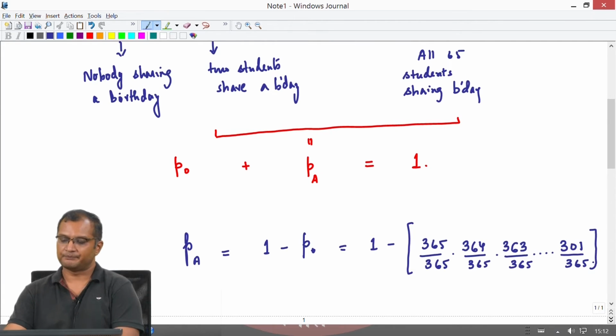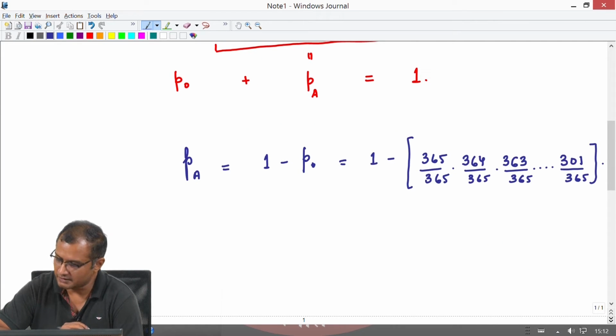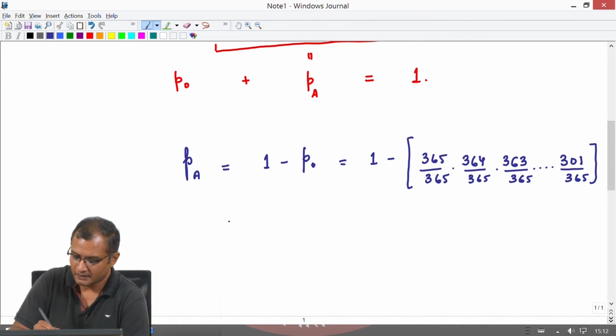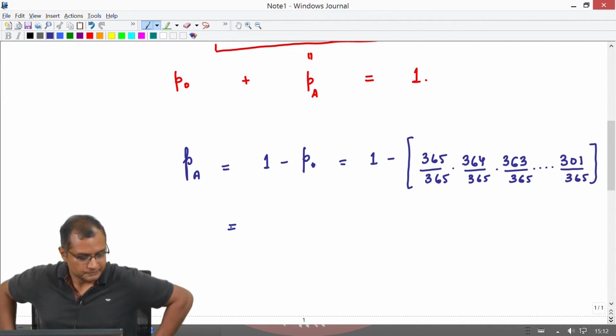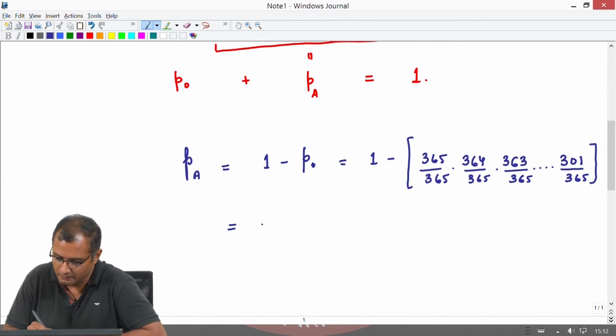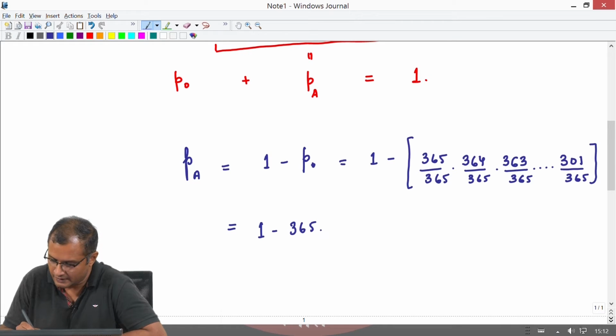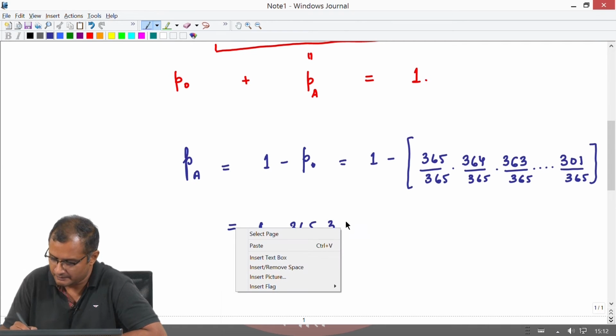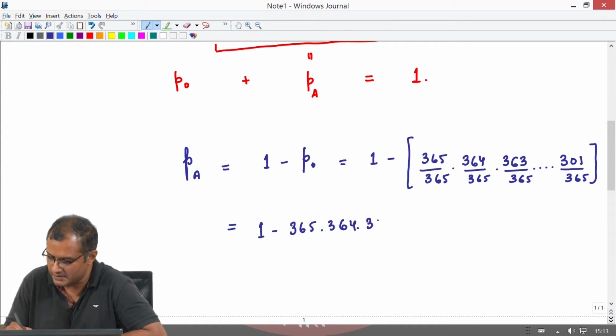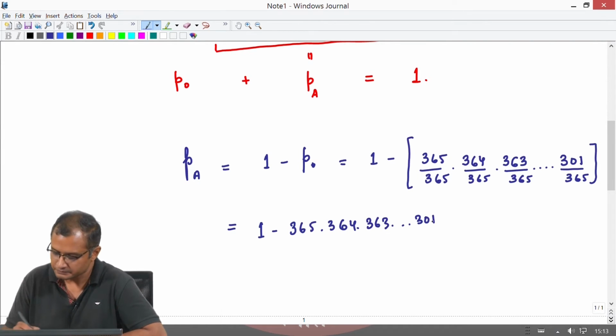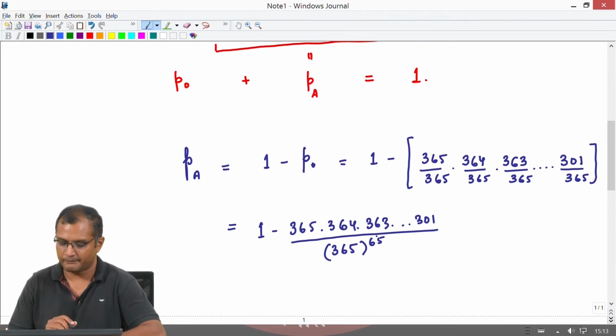So, now you can basically write this as 1 minus 365 into 364 into 363 all the way to 301, divided by 365 to the power 65.